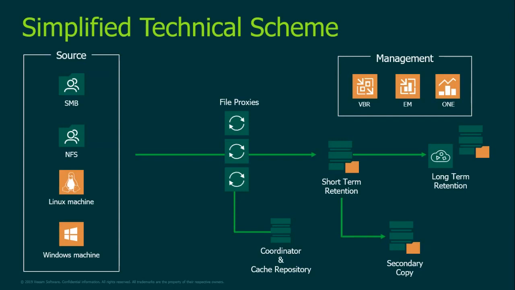So what is the advantage of keeping a hash in that cache repository? When my incremental starts, instead of reading the entire tree, I'm only reading the block of that tree which has changed. This is how we make sure that when my incrementals are happening, they are super fast.